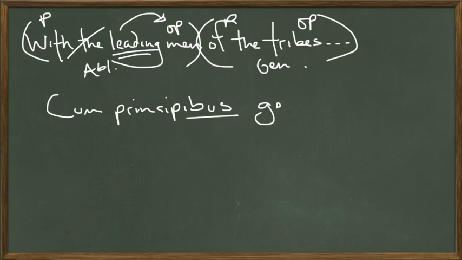Tribes is gens in Latin. The root word we find by dropping the genitive ending. The genitive is gentis. We drop the genitive ending, and we're left with the root word gent. It is an i-stem noun, so we're going to have an i in front of the genitive plural. So, cum principibus gentium, with the leading men of the tribes.